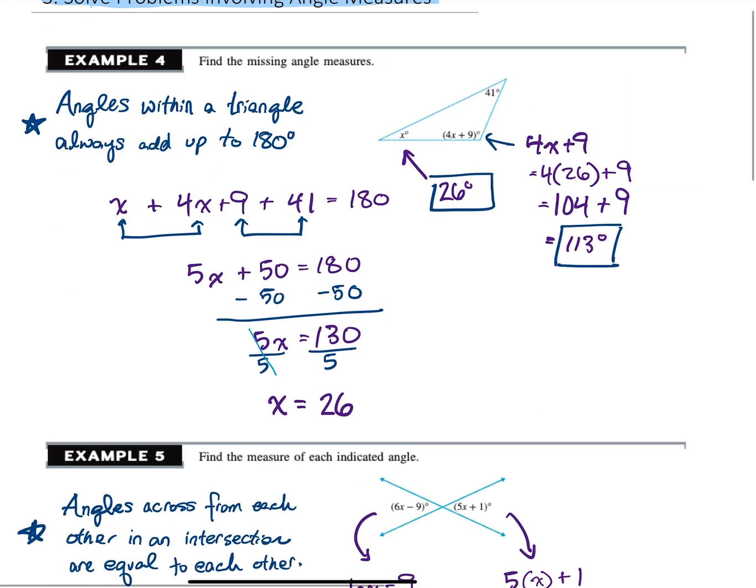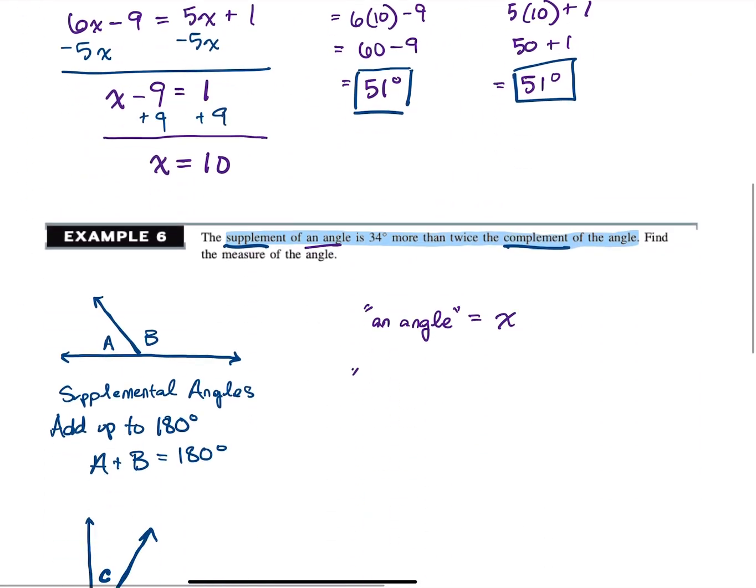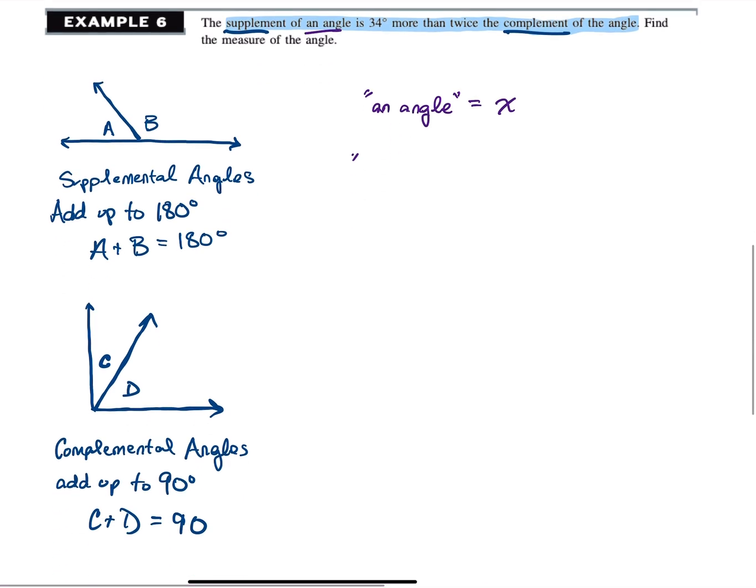So the supplement of an angle, the supplement of this angle would be 180 minus that angle.